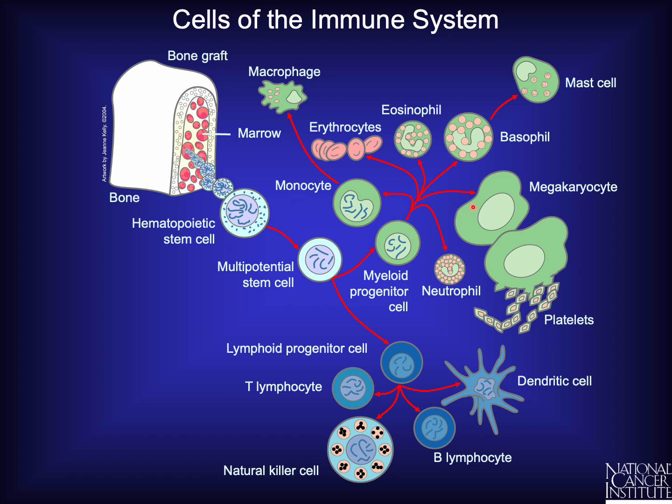So that's going to include all those different types of white blood cells that we talked about. Remember that chart? So it's going to include your mast cells, eosinophils, macrophages, your B cells and T cells, and all of that. And it's also, though, going to include your erythrocytes and platelets. So all of the formed elements in your blood come from hematopoietic stem cells that are in your bone marrow.